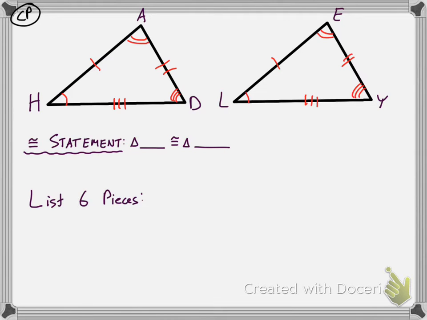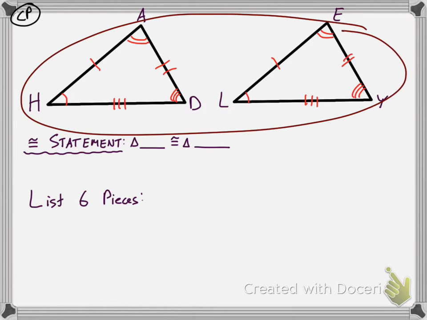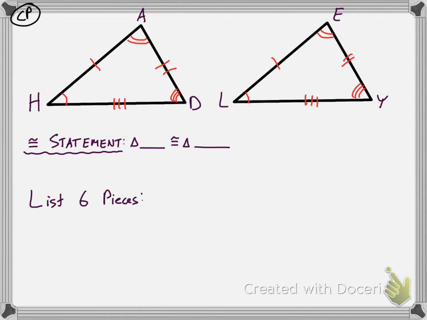And just a quick reminder from lesson 4.1, we're going to be working with triangles. And as of right now, the only way that we can say 2 triangles are congruent is if we have all 6 pieces of information, or our 4 shortcuts. So we're going to start out with our congruent statement.